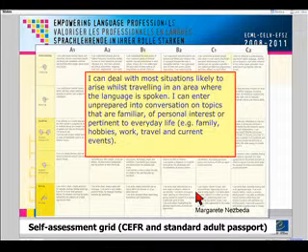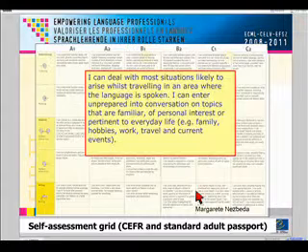Yeah, okay. Now I have enlarged one of these little cells so that you can see what these can-do statements look like. This is spoken interaction, so dialogues, conversation, discussion, whatever, at level B1.